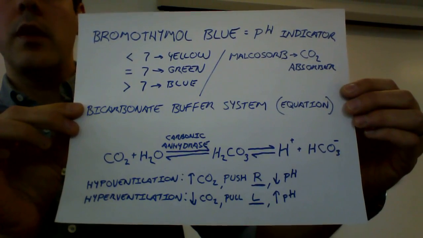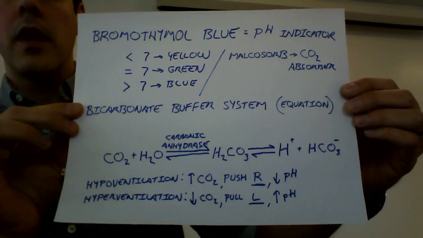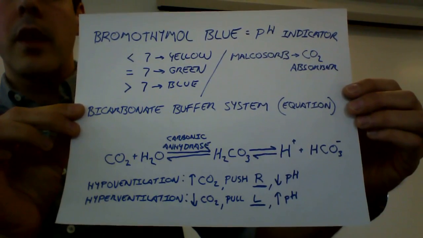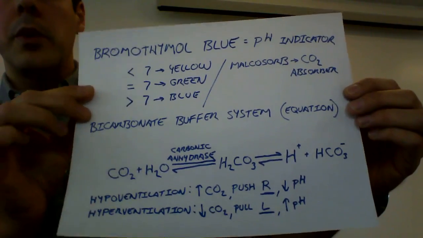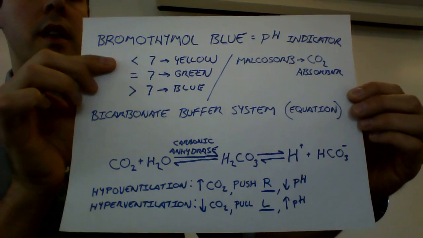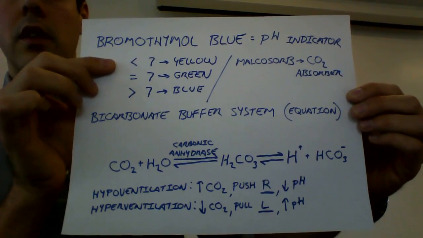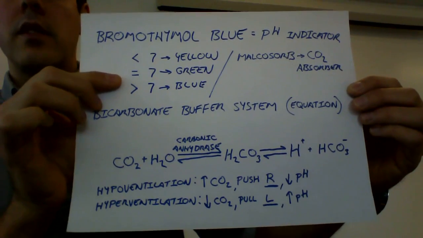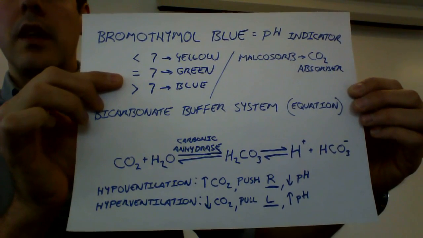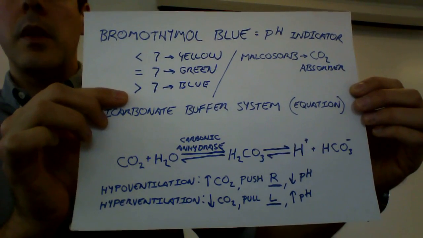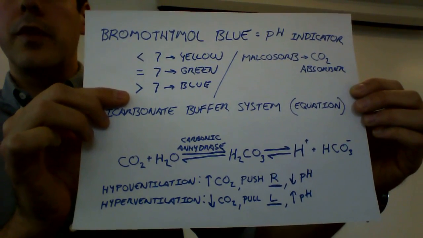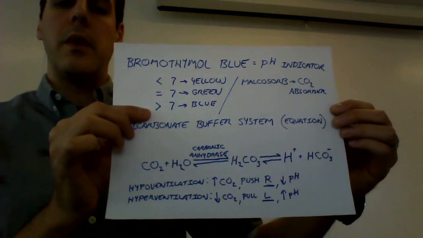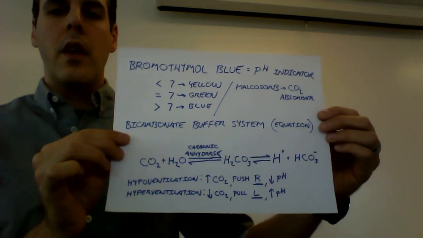However, when you put it in water or some kind of liquid, it can tell the pH. When it is less than 7, in acidic conditions, it's going to be yellow. Distilled water ought to be green at pH 7.0, and something basic would be blue. For example, blood, pH 7.4.